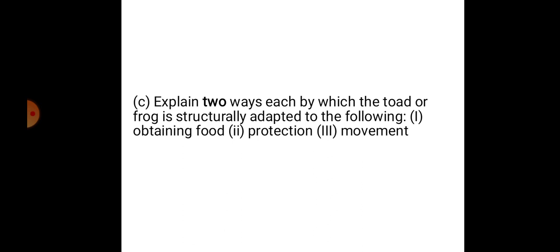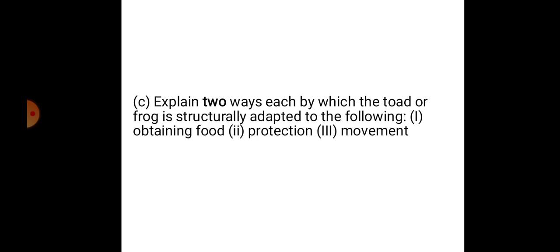So the question now is, you have to explain two ways in which frog can be adapted when obtaining food and also protecting itself, and also movement, how it moves in the environment.